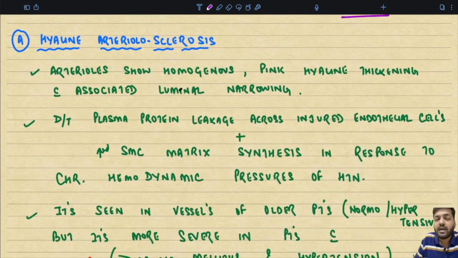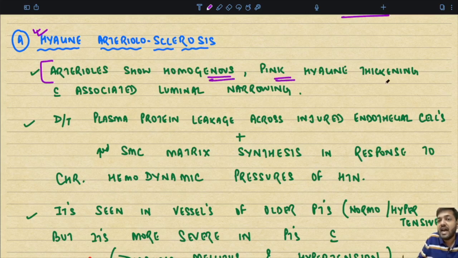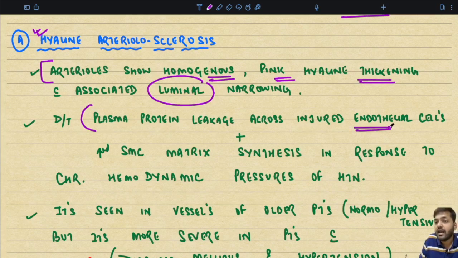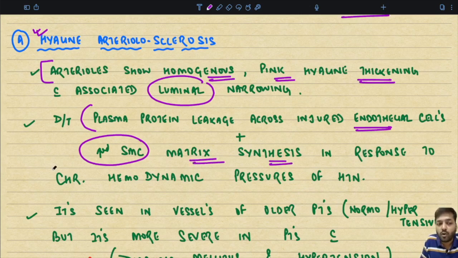The first condition we will discuss is hyaline arteriosclerosis. Arterioles show homogeneous pink hyaline thickening with associated luminal narrowing. It occurs because of plasma protein leakage across injured endothelial cells, as well as increased smooth muscle cell matrix synthesis, both in response to the chronic hemodynamic pressures of hypertension.